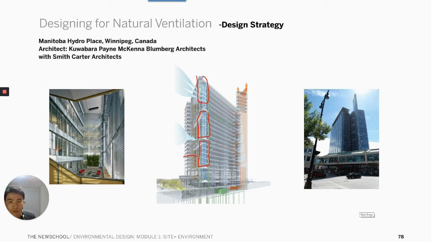And it is also utilizing the solar chimney. It is made out of glass, continuously being heated by solar radiation in order for the neutral plane to go up higher, and it has also been created to be taller than the other building.